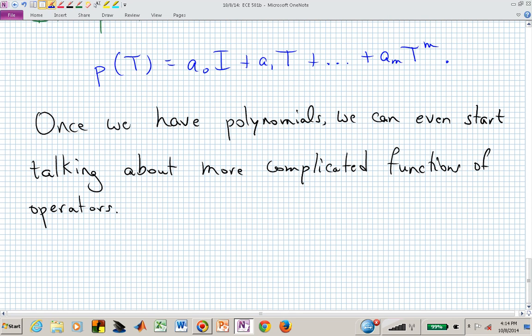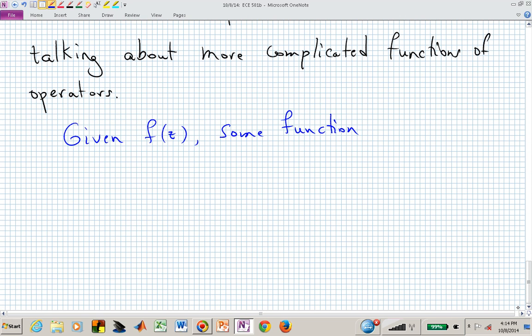For example, suppose we are given f of z, which is some function.